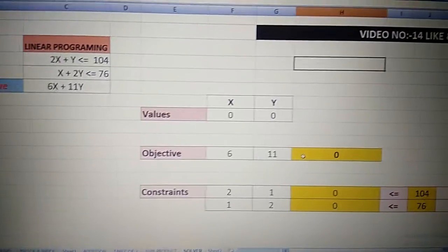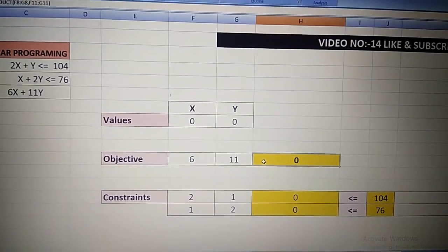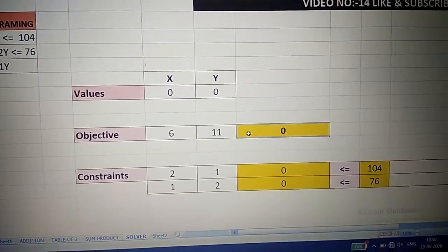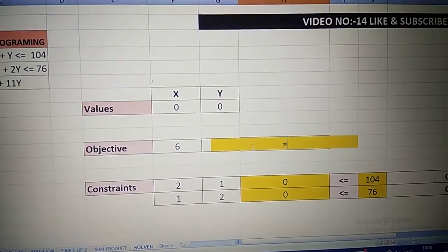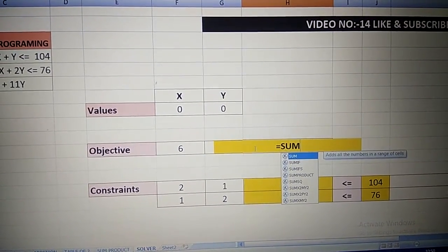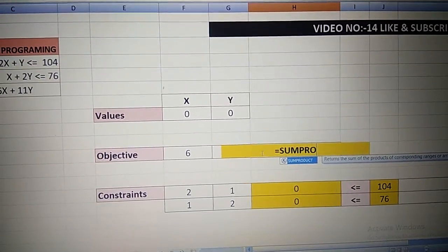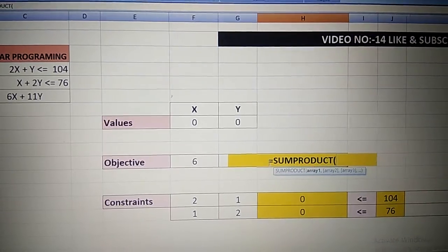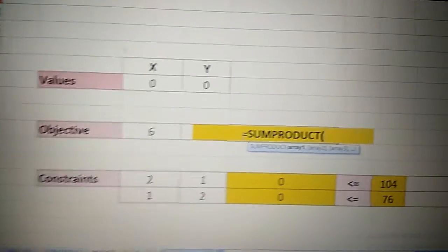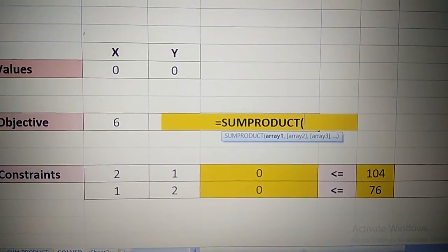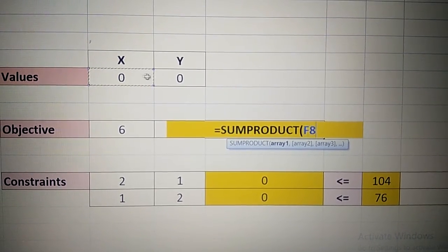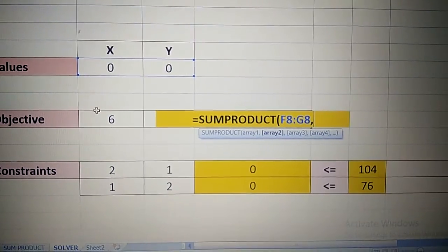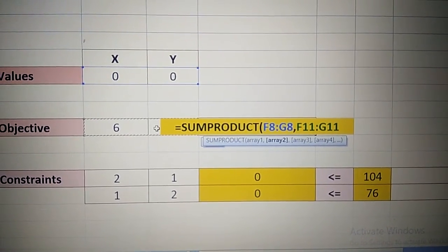Now here we are starting. This is the objective function and I am going to use a formula over here. Equals SUMPRODUCT, bracket open. See what has been written over here, array 1: the 0, 0, comma, and then this one, 6 and 11.